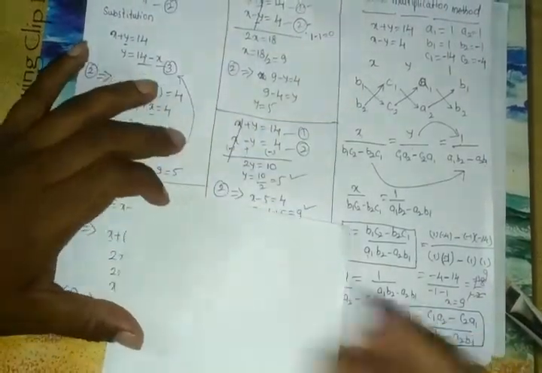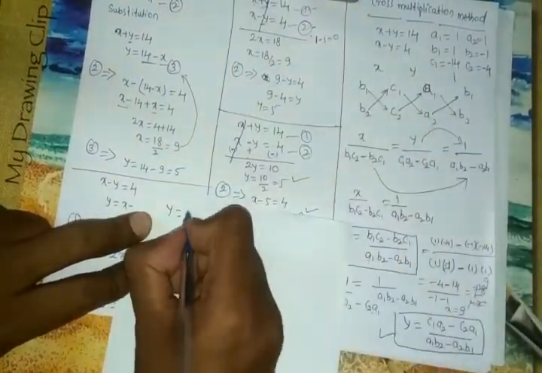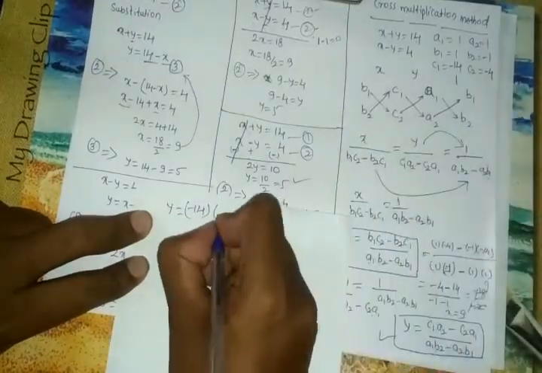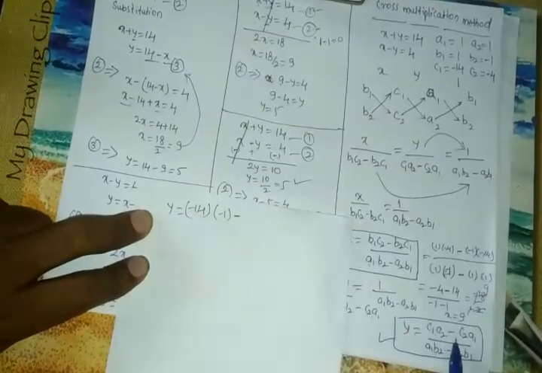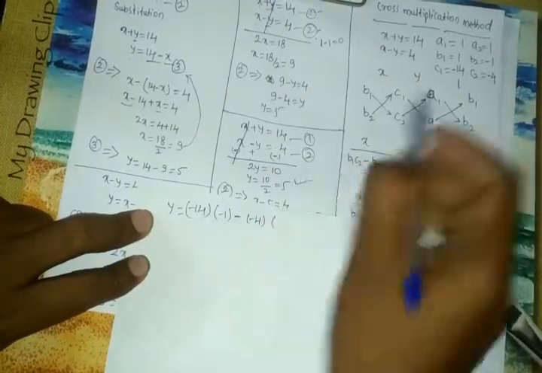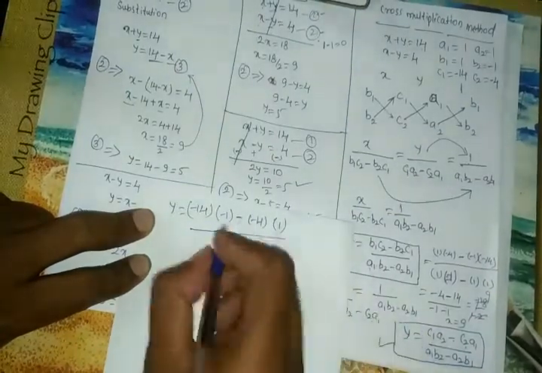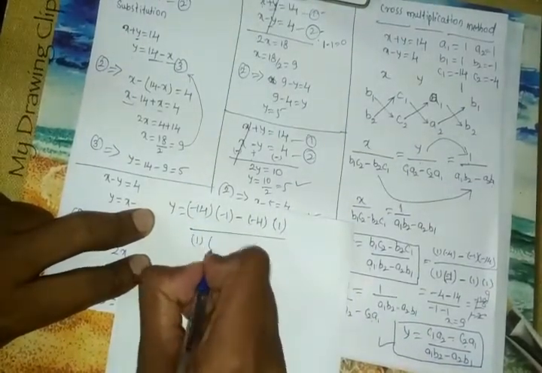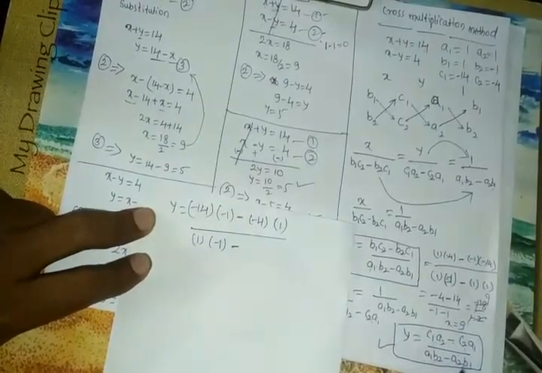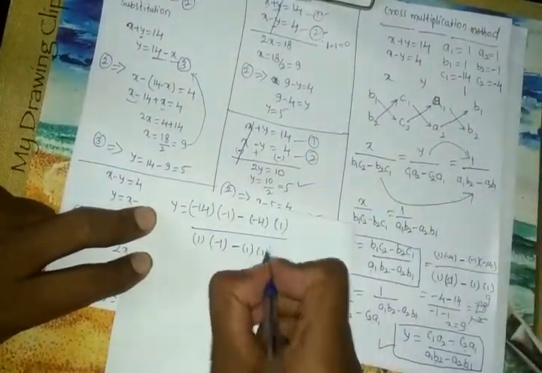Okay, so y: c1 is minus 14, and b2 is minus 1, minus of c2 is minus 4, and a1 is 1, divided by a1 is plus 1, b2 is minus 1, minus of a2 is plus 1, b1 it is again plus 1.